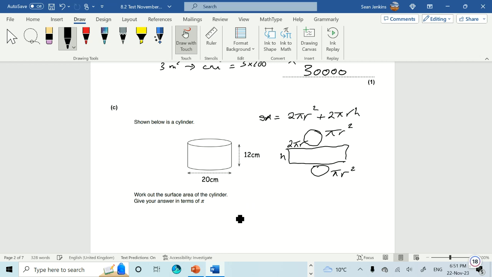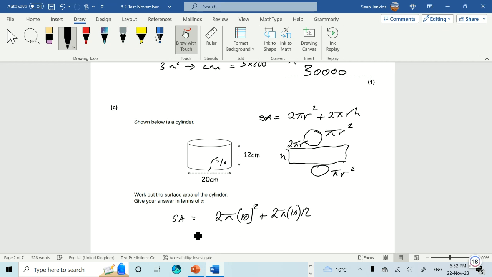So we substitute all the values in. Now, they've given us the diameter, so we need only half of that, so r must be equal to 10, which is half of d. So we substitute it in our formula, so surface area is equal to 2 pi times 10 squared, which is our radius, plus again 2 pi times r, which is 10, times 12.